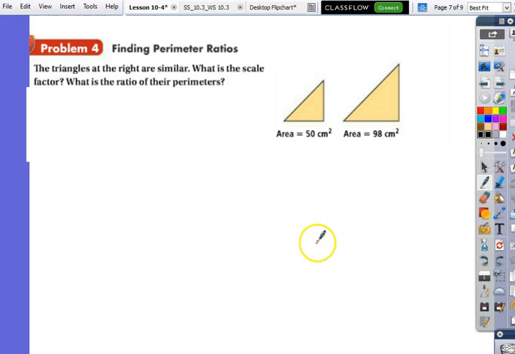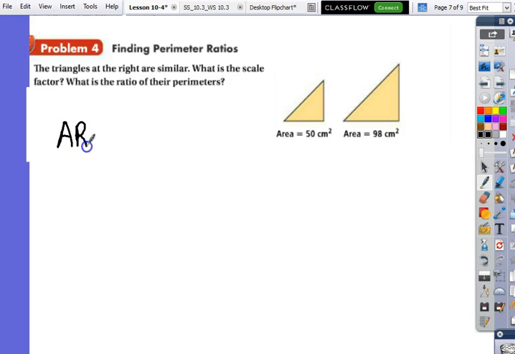All right. So the other thing we can do is go back and find the perimeter ratios, or find perimeters. So how do you go backwards? How do you start out with knowing the area of two figures and get to the perimeters of two figures?